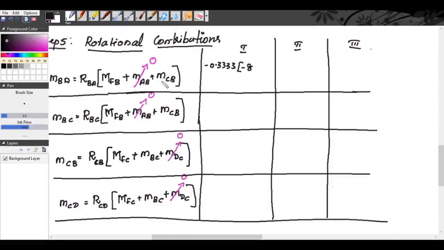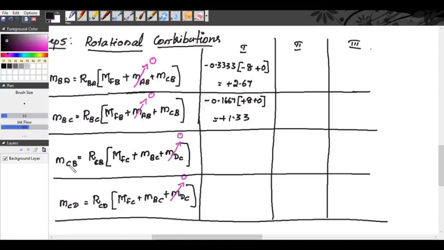See, initially we don't have any rotational contribution from C. So initially we will take this small m as 0. So plus 0, we get plus 2.67. MBC will be equal to RBC, minus 0.1667 multiplied by plus 8 plus 0, we get plus 1.33.